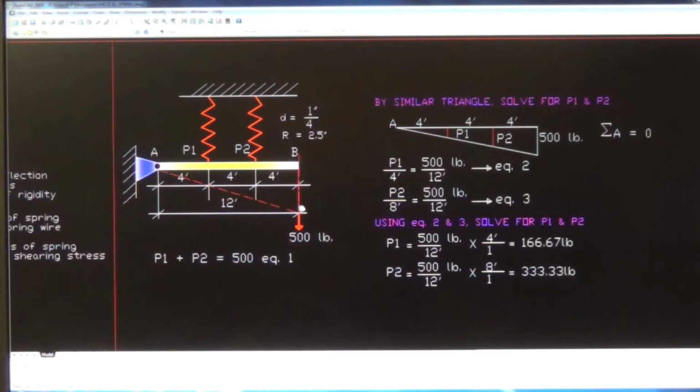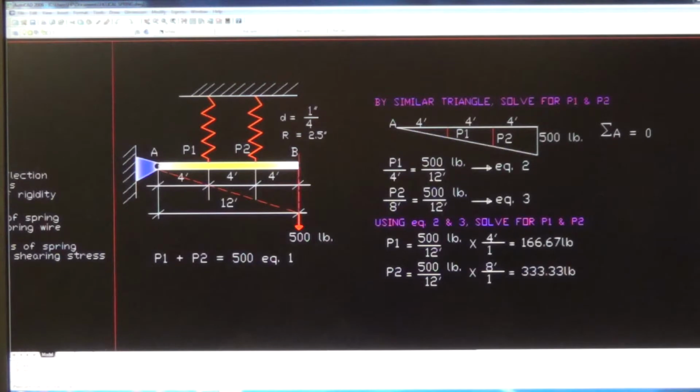The bar has a load of 500 pounds. The bar is pinned at point A, restricting it from moving down when load is applied. The only movement of the horizontal bar when loaded with 500 pounds is to deflect down. The maximum deflection is right here and zero over there.